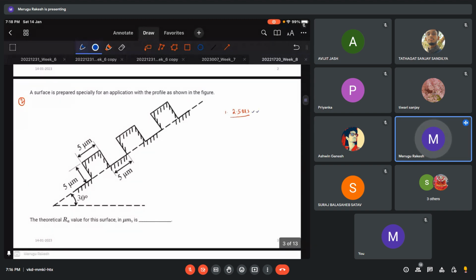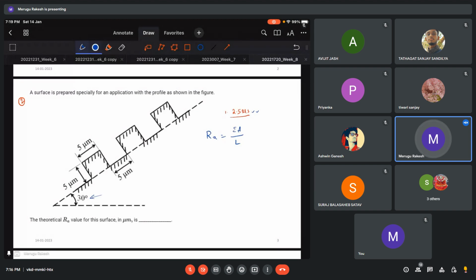Remember, if there is an inclination like this, while calculating surface roughness there is no influence of the tilting angle. Whatever the shape, they might give a square shape here, or rectangular. You stick to the same formula: summation of areas divided by the length you are taking.